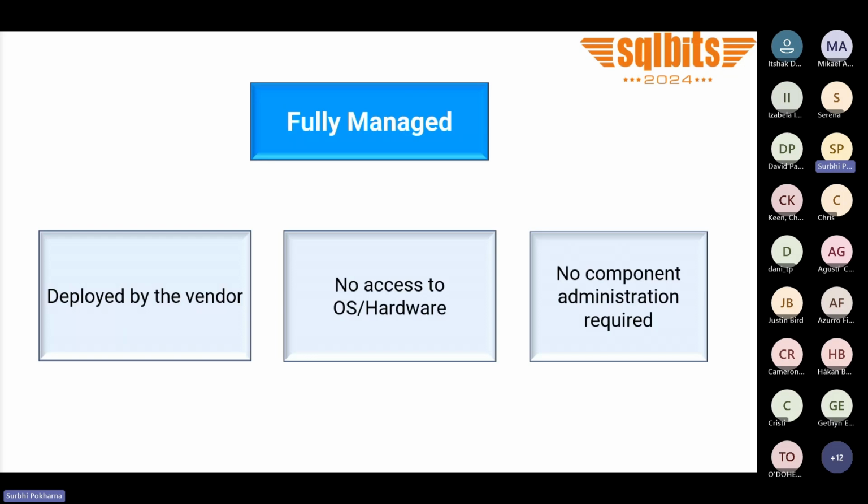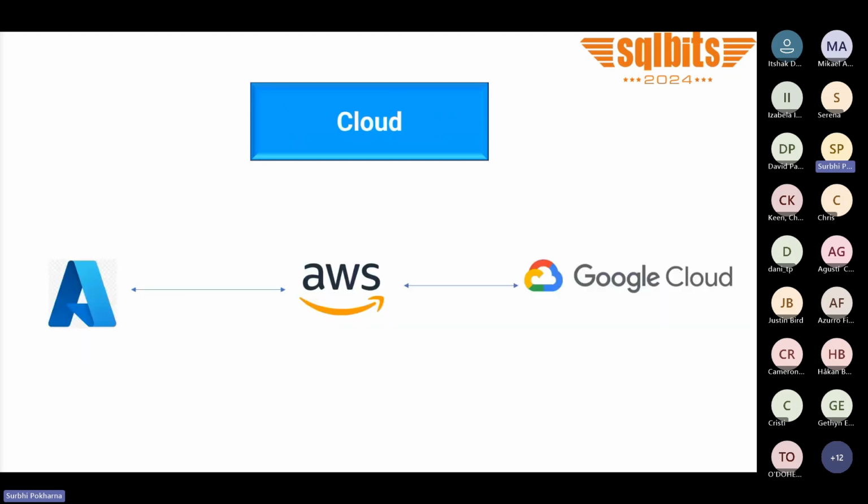In SQL Server, you get both options. You can have it on-prem, which is how we have lived for years and years, and then you can have it in the cloud, any cloud, AWS or Azure or Google. Snowflake is fully managed, you don't have to do anything, but in SQL Server, we do need to manage some portion if you are on-prem, and comparatively less when you are in the cloud.